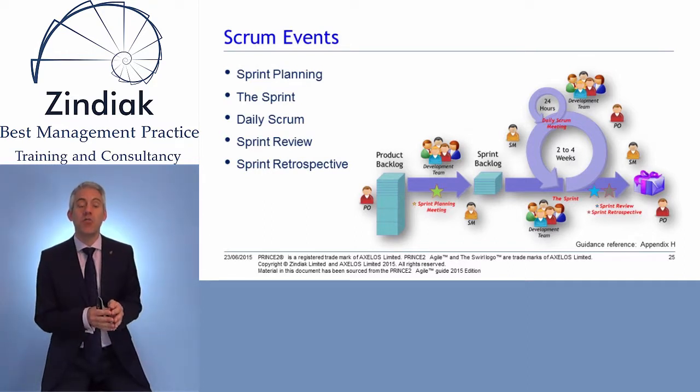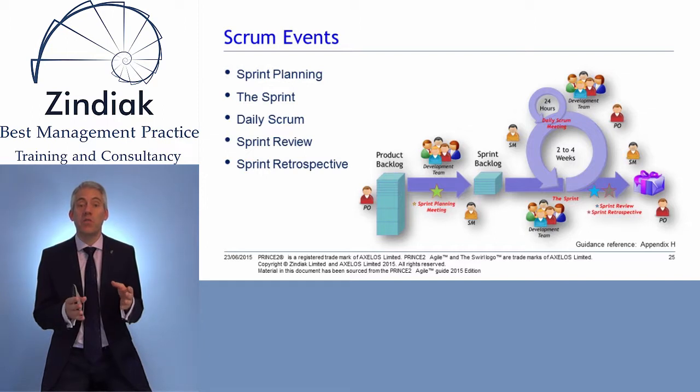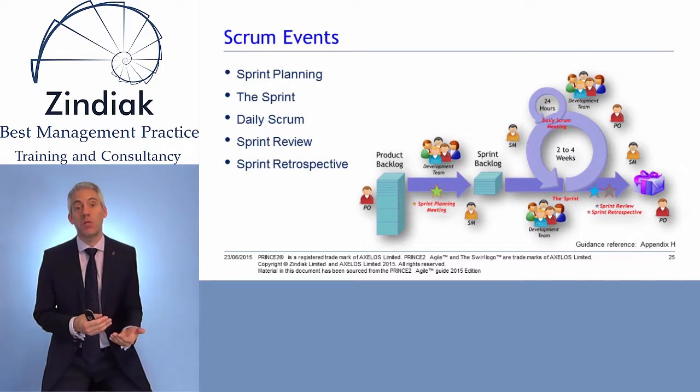The sprint retrospective is reviewing the processes used during the sprint. So the sprint review reviews the products we've created for quality, efficacy, and so on. Do they meet requirements? The sprint retrospective reviews the processes we've used to create those products. Can we improve upon those?